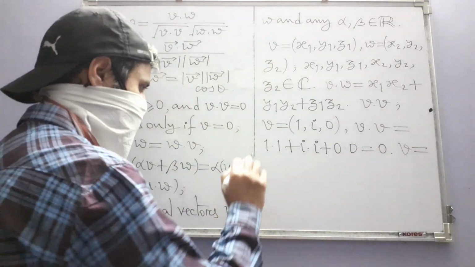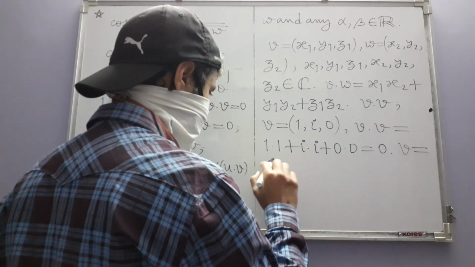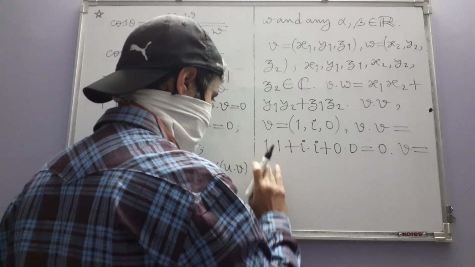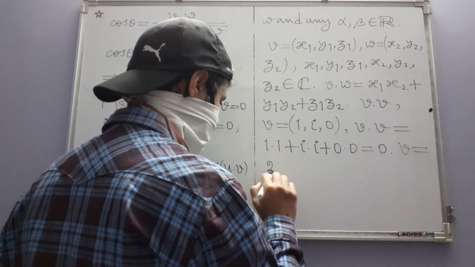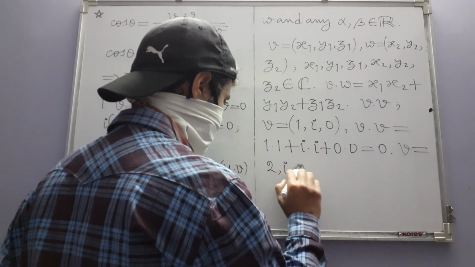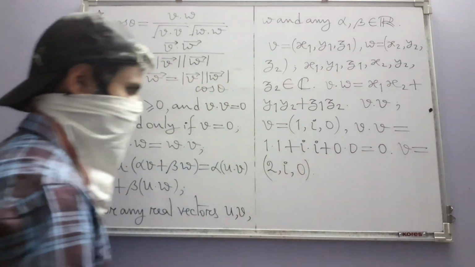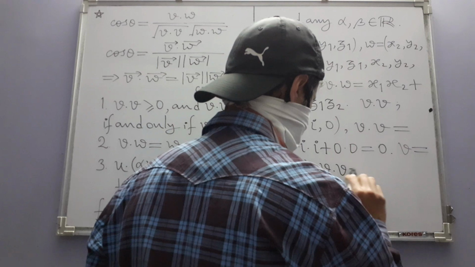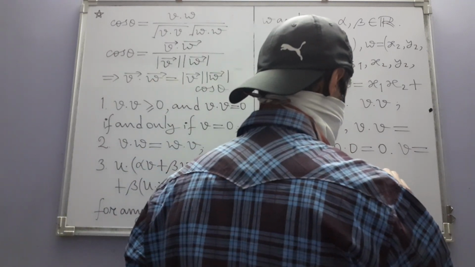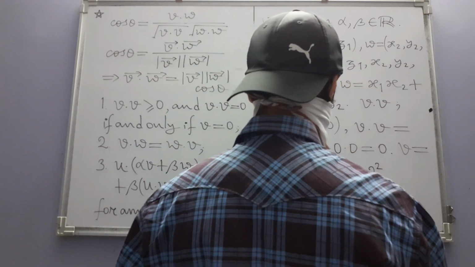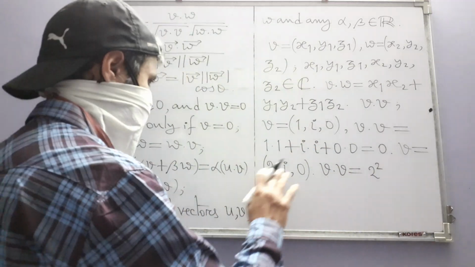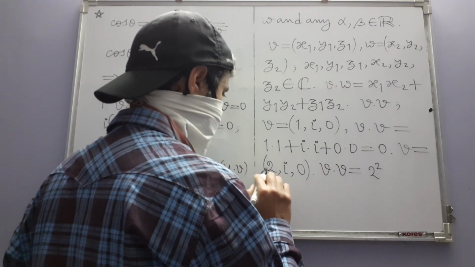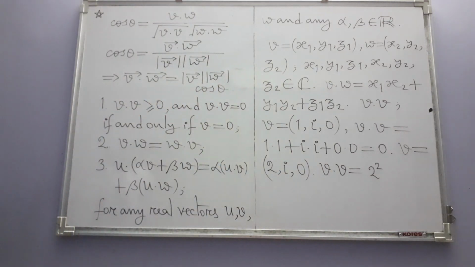Say you take v equal to, what can I take? Let me tweak this one itself, 2 comma i comma 0. Then for this v, what is our v dot v? It is 2 square. Oh, we are still getting i square, no? So let me change the components a little more.